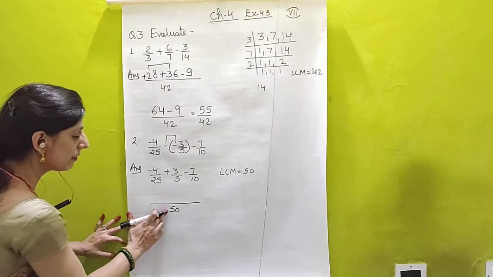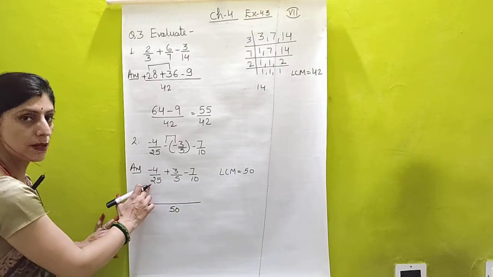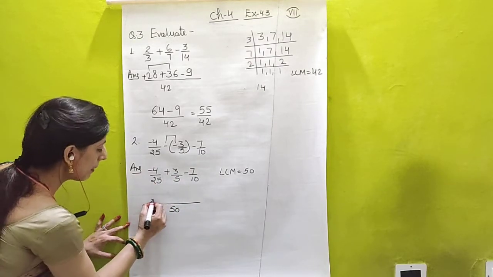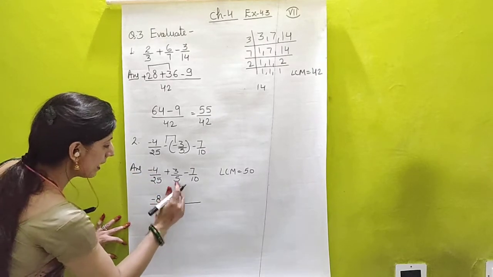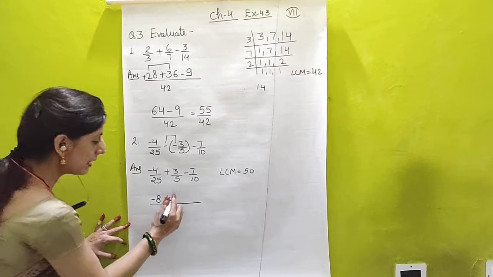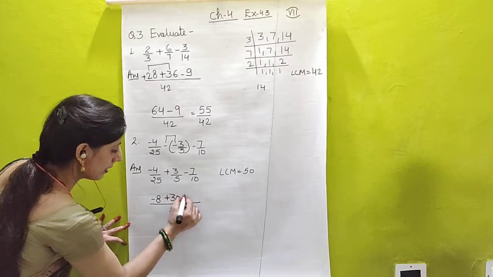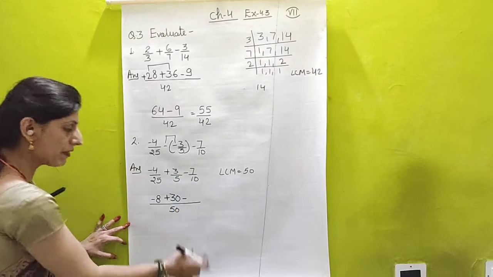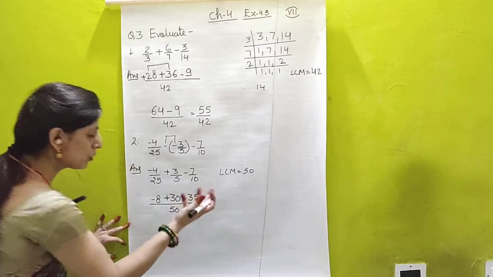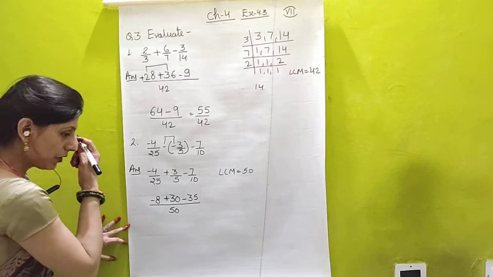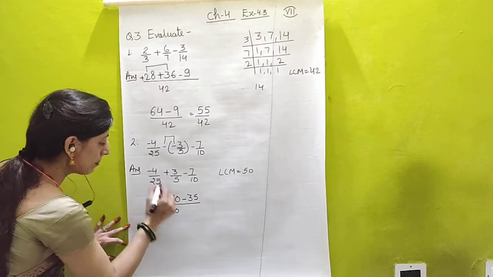First of all, 50 divided by 25 is 2. Now 2 multiplied by 4, minus 8. Then plus sign, 5 tens are 50 and 3 tens are 30. Then minus, 10 divided into 50 is 5, 7 fives are 35. Now students, again what you will do, minus and plus.